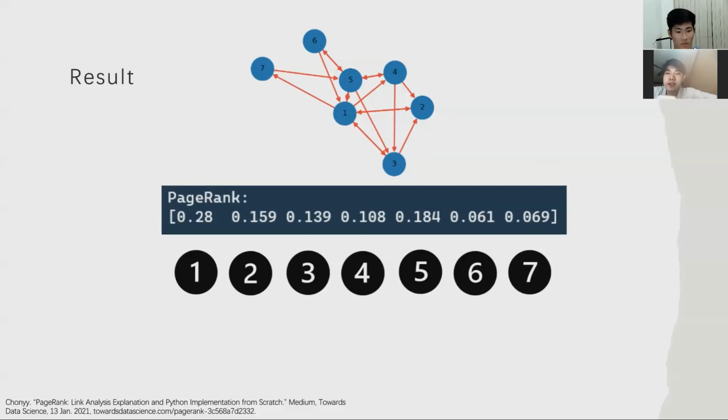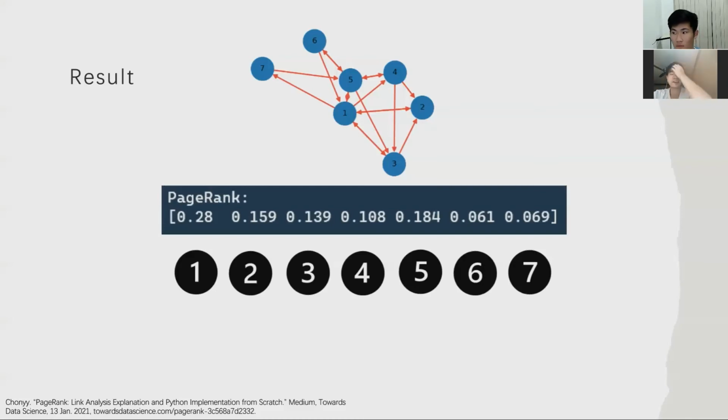However, if we only look at node 6 and 7, they only have one node that's contributing to the importance of 6 and 7, which makes them have a relatively weaker or lower PageRank score, which means they would not contribute as much importance to node 5 as node 2 and 3 do by contributing their importance to node 1.